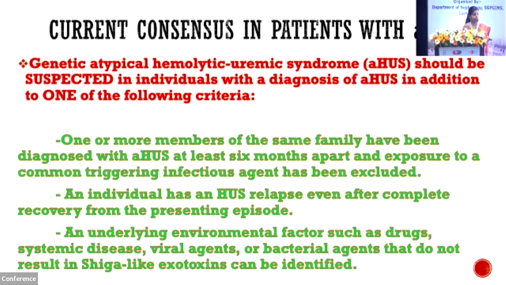There is an individual who relapses, the HUS relapses in an individual after complete recovery, or you have a secondary cause, but not the classic Shiga toxin induced E. coli HUS, which can be like a secondary trigger, and there can be an underlying genetic basis.